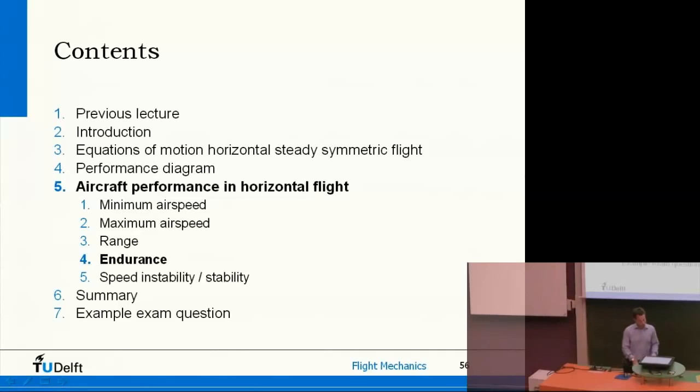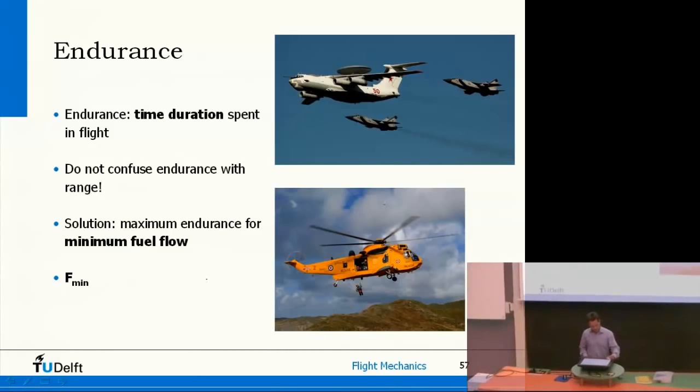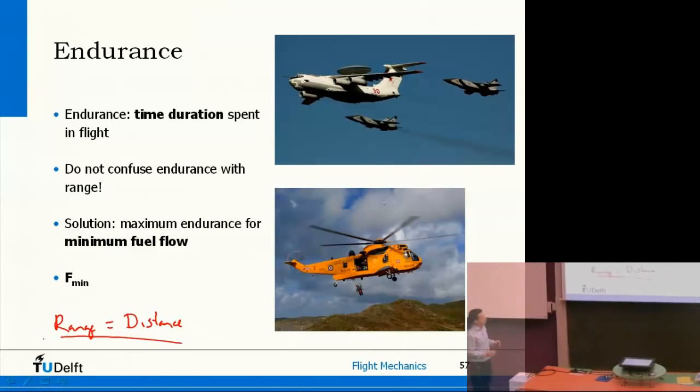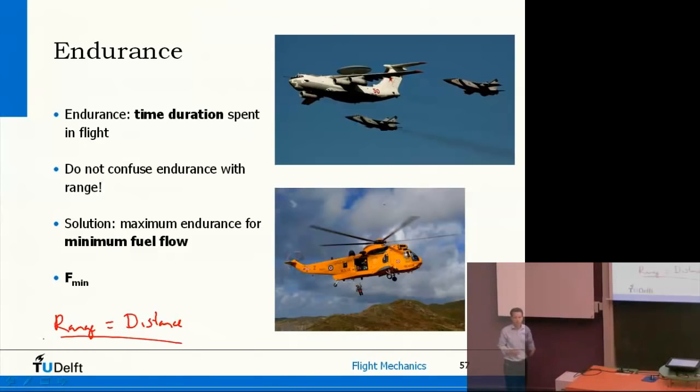So that was all about range. Now let's have a look at endurance. Endurance is a bit of a different topic, because range is all about distance. You can imagine that if you're in another type of aircraft, one that is flying, for example, with a radar, just circling around, you're not interested in getting to a certain distance.